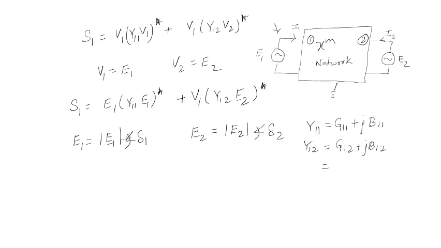Here I am just replacing one thing, that is Y12 as Y12 at an angle theta 12. Now I am not writing Y11 in angular form because this is the self admittance of the branch, okay, self admittance of the branch.